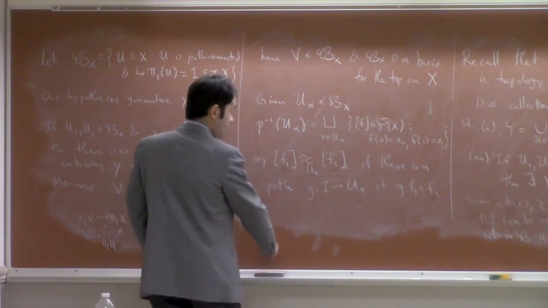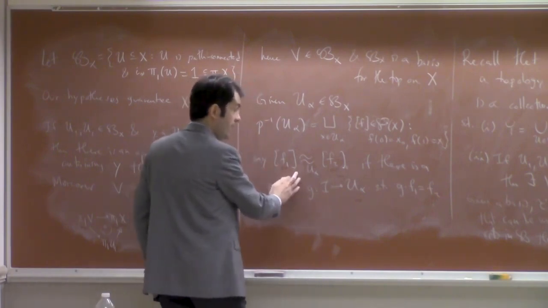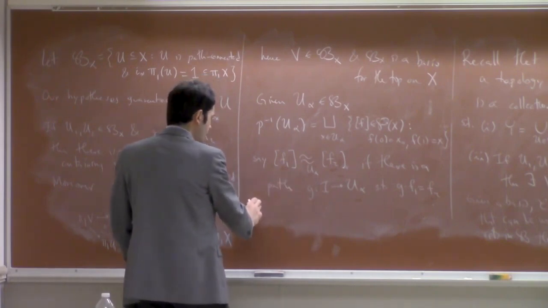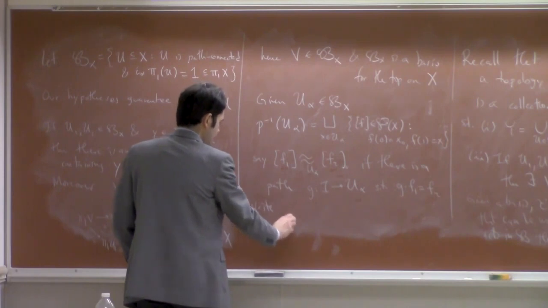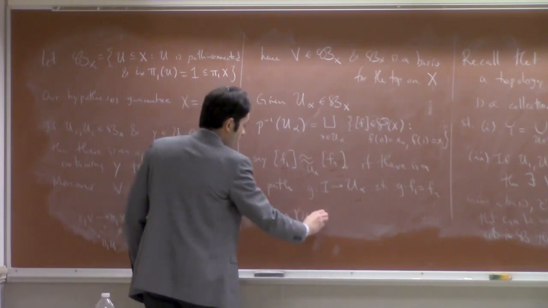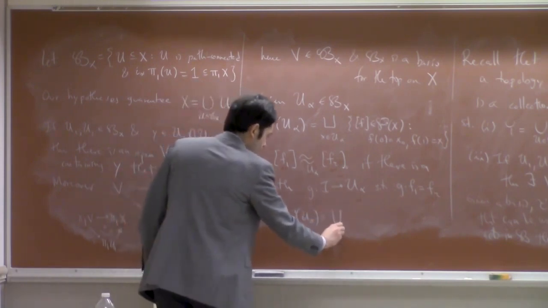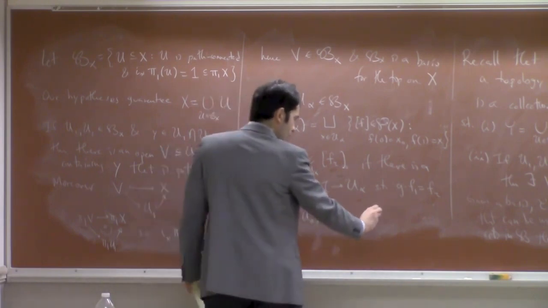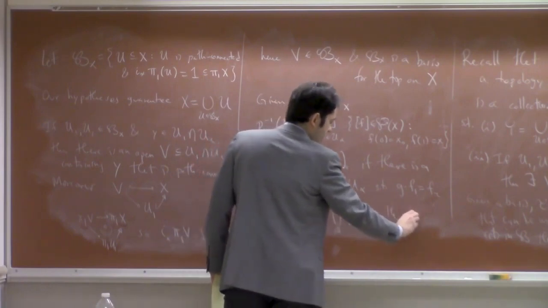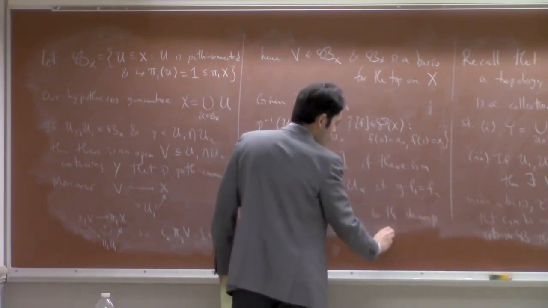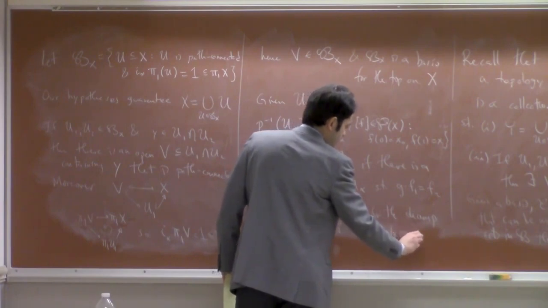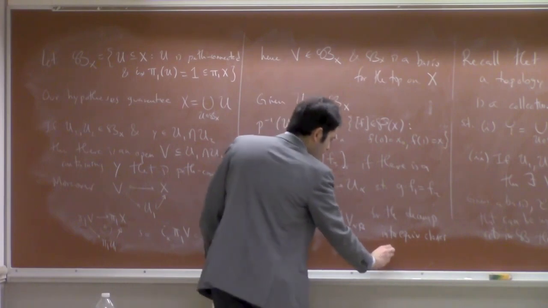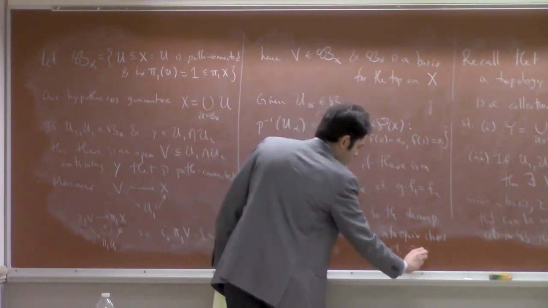So I'll let you check that this is in fact an equivalence relation, and we'll write P inverse of U alpha equal to the composition V alpha beta for the decomposition into equivalence classes with respect to this relation.